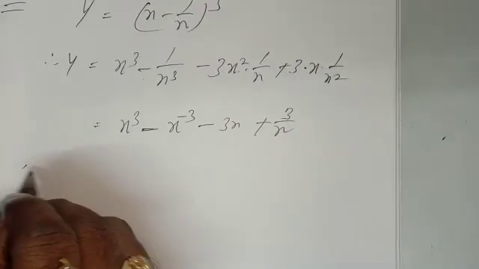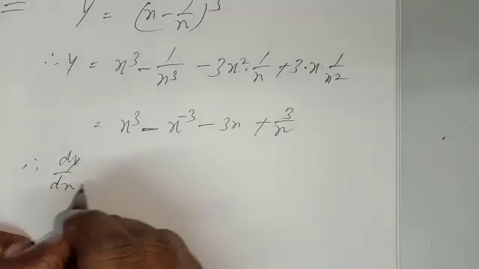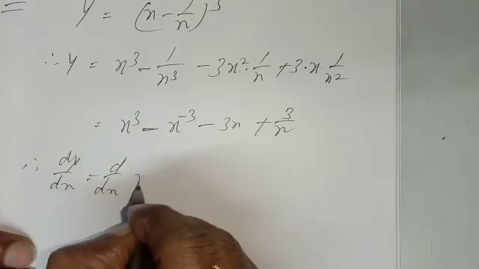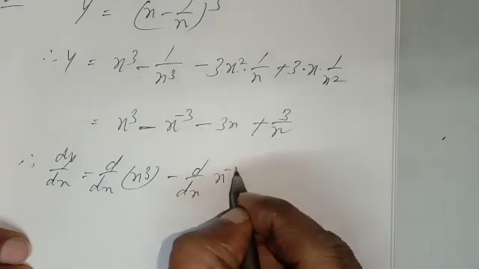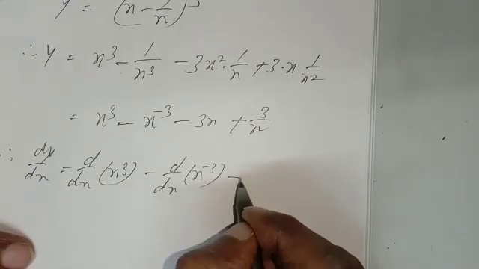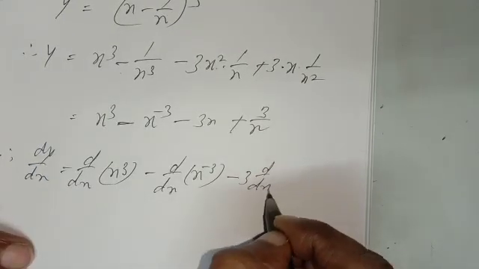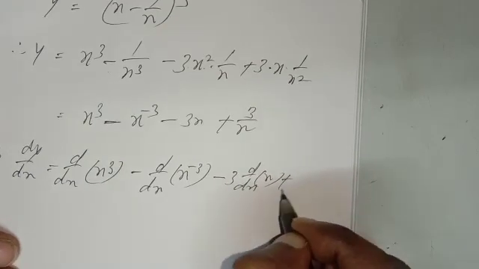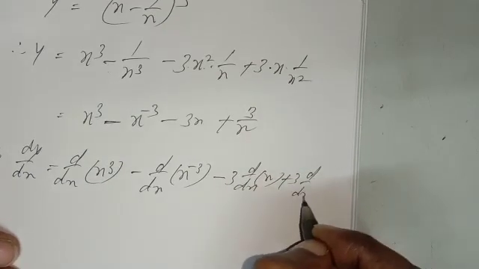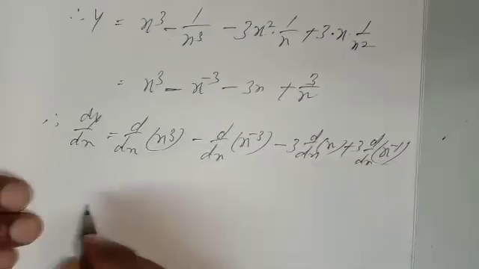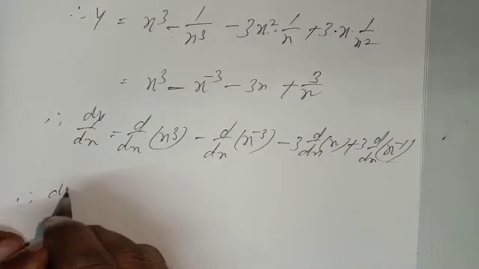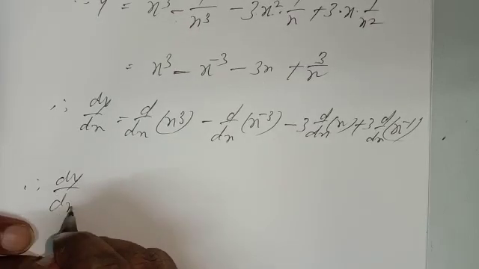After that you will find out the derivative. dy by dx will be dy by dx of x cube, then dy by dx of x to the power minus 3, minus 3 taken outside, dy by dx of x, and plus 3 taken outside, dy by dx of x to the power minus 1, 1 by x given. Now you tell, therefore dy by dx is coming how much?